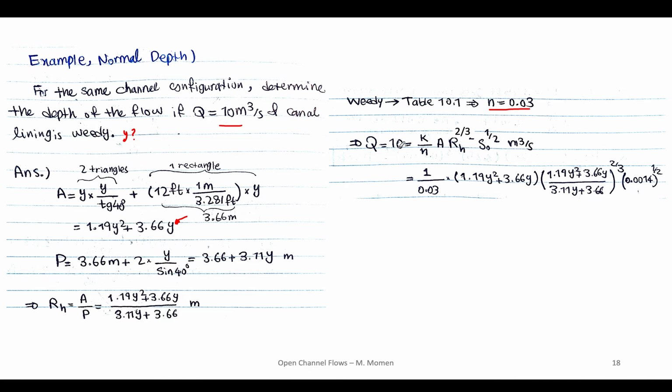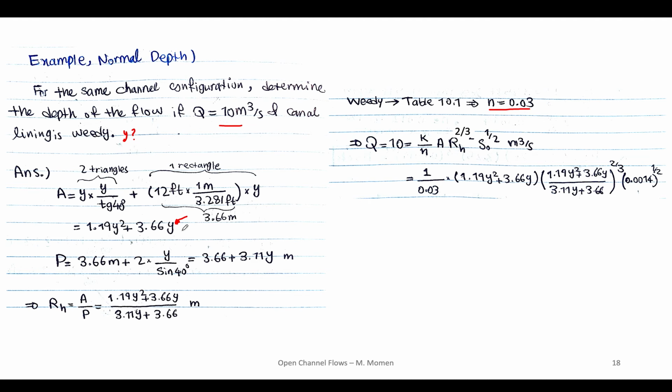So I can just write down the Manning's equation. The Q given in the problem is 10 meter cube per second, equal to the Manning's equation: kappa over n times A times R_H to power 2/3 times S naught to power 1/2, meter cube per second. So kappa is going to be 1 because I'm using the SI unit, over 0.03, times the area, which is here, right?